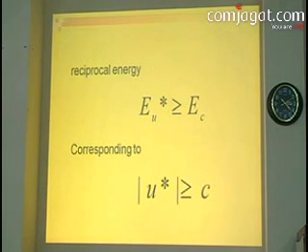For the reciprocal energy, when we shift the other way around, instead of less than, it will be greater than. So if we define a reciprocal energy that will be greater than this, corresponding to u star greater than c.